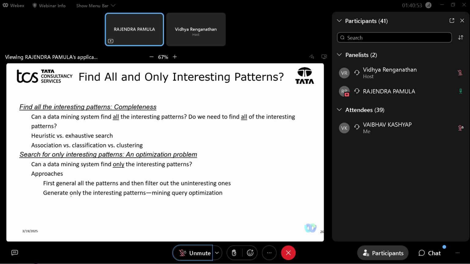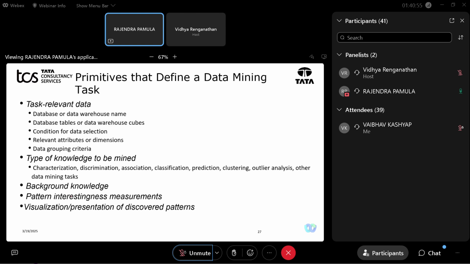So we need to find the interesting patterns from that. And we also have these primitives that define the data mining task: task-relevant data and the type of knowledge to be mined. So this is what we are actually trying to do.